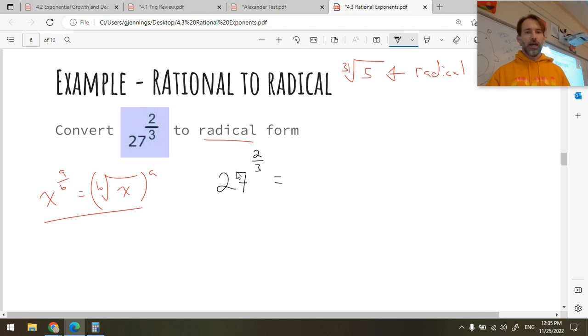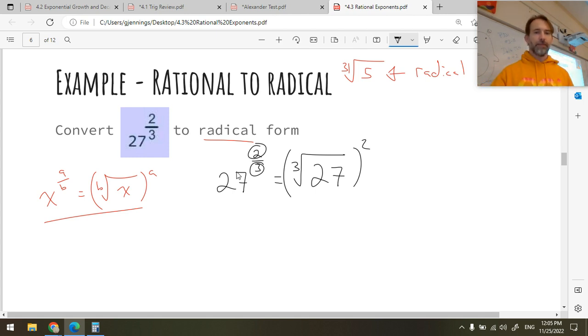I can transform that. I know this number here is the thing that goes inside that little machine. 27 is the main number. The base is still there. And then this number can come outside and be the exponent that I raise things to, the 2. Okay. Now, the third root of 27. We can also write this, and I prefer to do it this way.